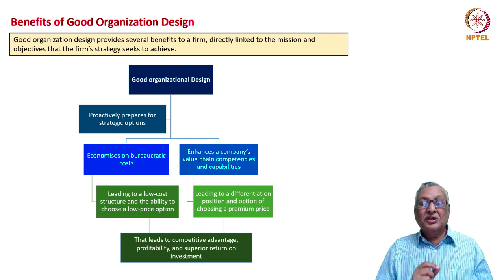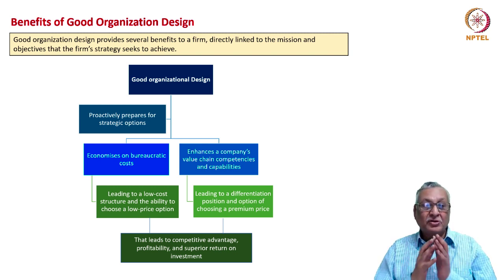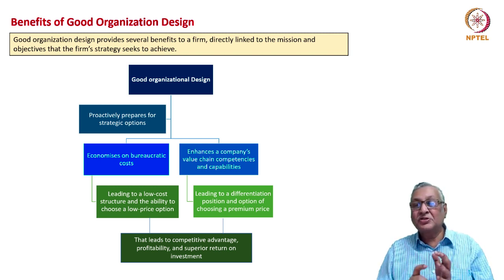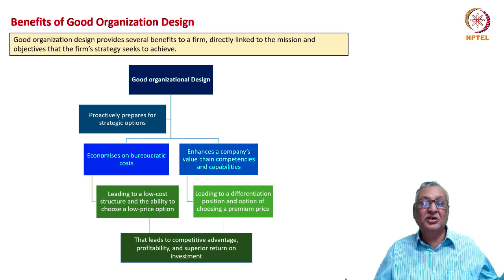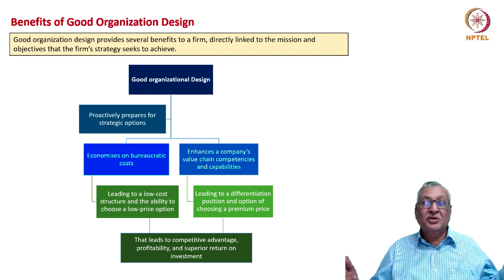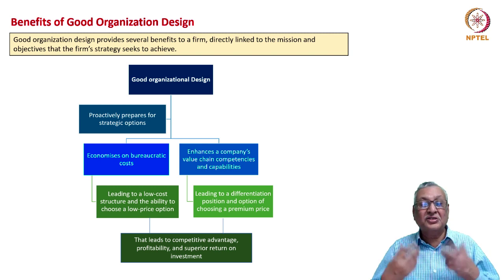Good organizational design will help a firm execute its strategies based on good strategic planning. It does many things. It proactively prepares the company and the organization for strategic options, comprehensive understanding of what can take place, because the design is such that there is a lot of interaction and a lot of data collection, data assimilation, and data review.